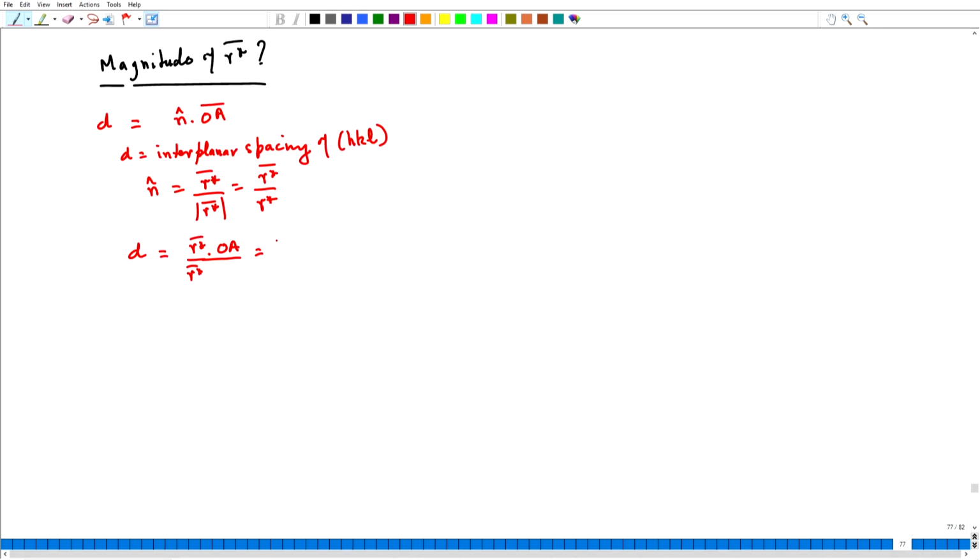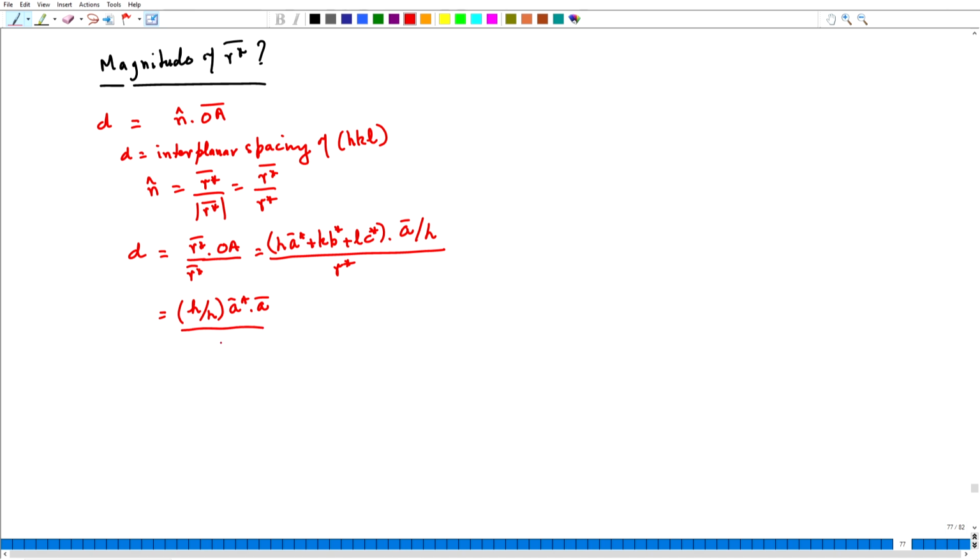So, it is written as H A star plus K B star plus L C star, dotted with the vector OA, which is A by H, upon the magnitude of the vector R star. Going further, the only non-zero term is H upon H A star dot A. The other terms like B star dot A and C star dot A will be 0.